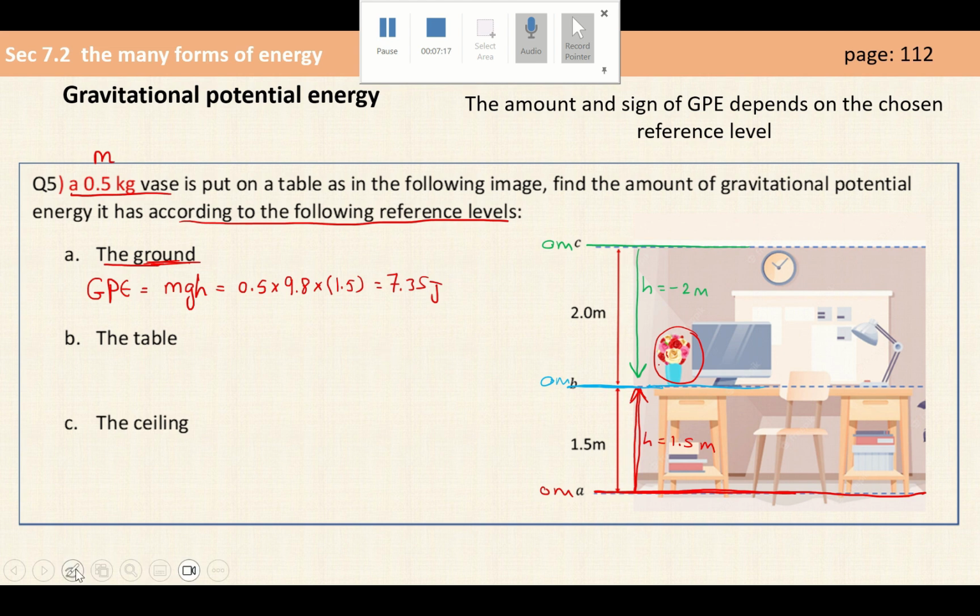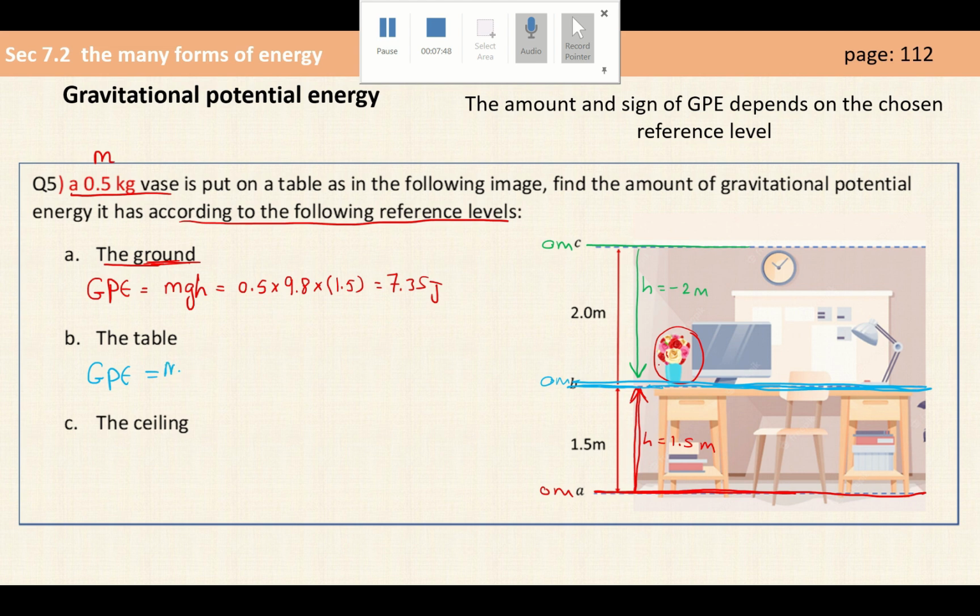Now, in the second branch, you want to find the amount of the gravitational potential energy stored in the vase, but we're going to choose the desk as the surface level or the reference level. So now we're measuring the height from the desk. Now, because this vase is placed on the desk, it's not lifted above it, so it's at the height 0 from the desk.